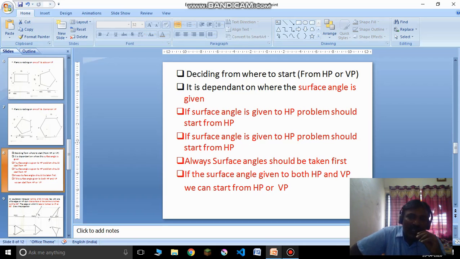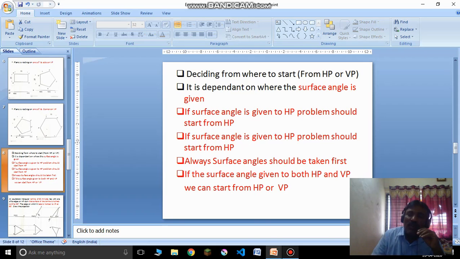If the surface angle is given to HP, start the problem from HP. If it is given to VP, then start from VP. This is very important.